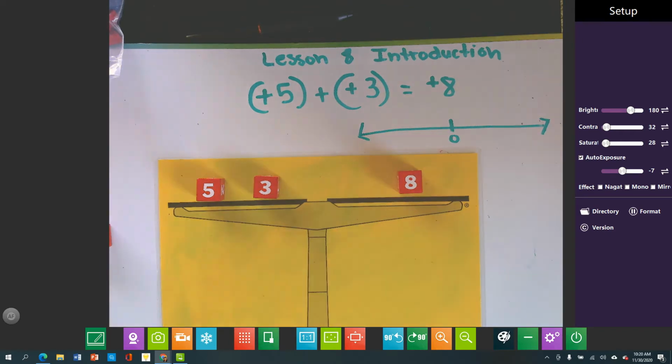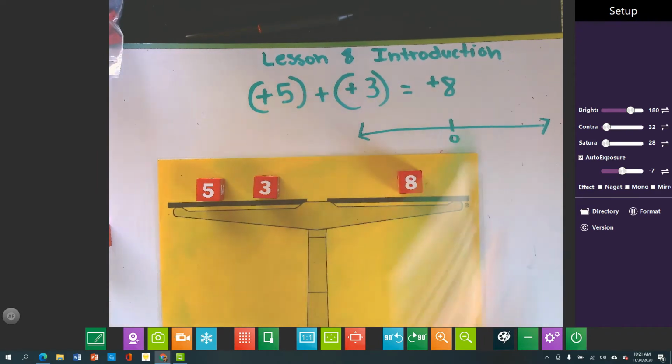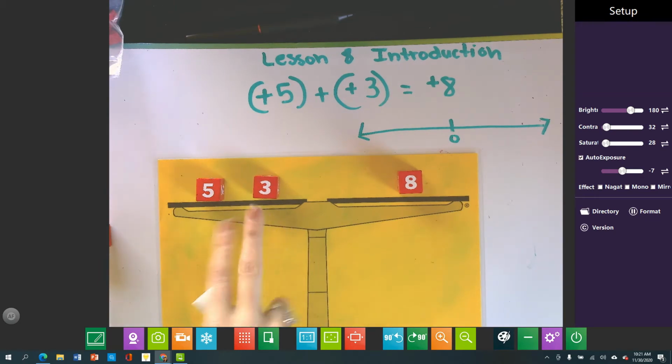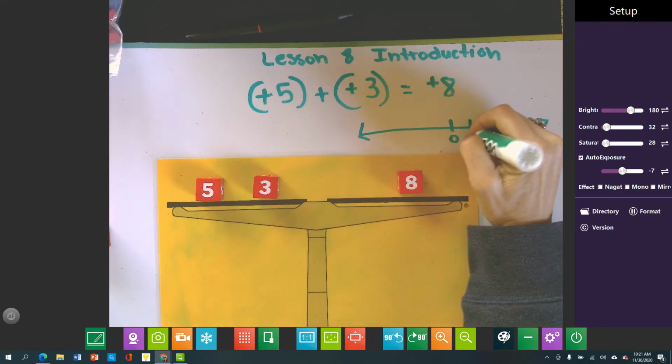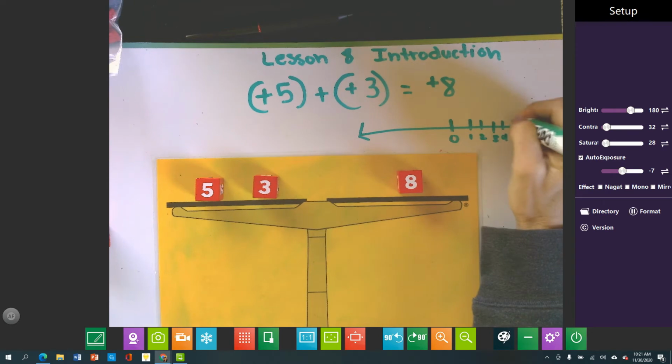So these are going to be considered positive constants, and we can see here we have a positive 5 plus a positive 3 is going to give us a positive 8. That means our reds increased to 8. If we were on the number line here, we would have 5. 1, 2, 3, 4, 5.